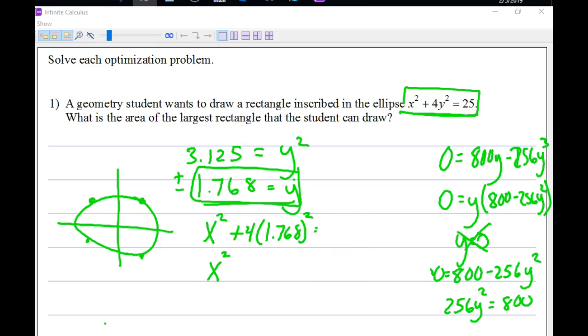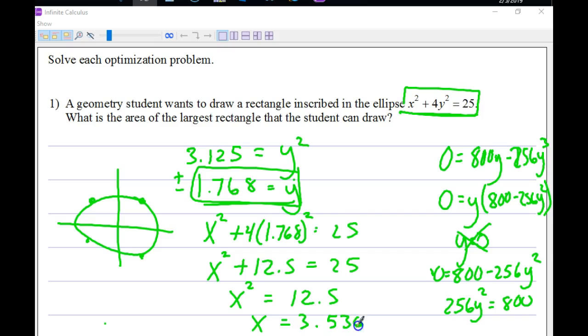Mr. Bailey needs to get his stuff straight. Minus 12.5 on both sides. And then take the square root of that. And get 3.536. So in the world of decimals, this is what the x and y values would be.